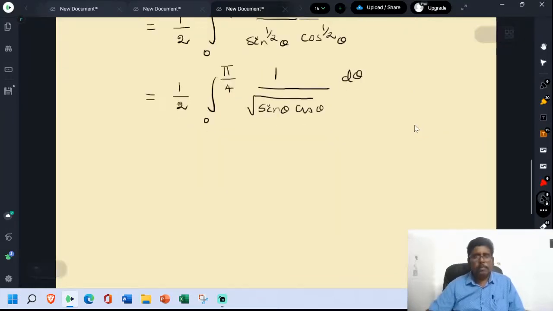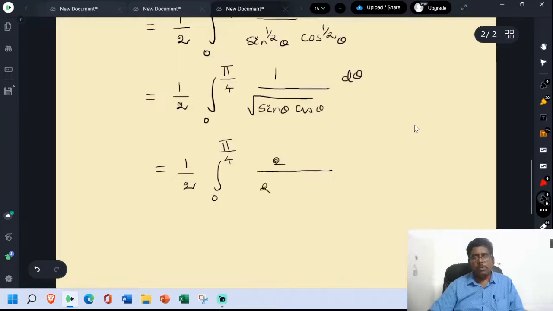Further, this is modified as 1 by 2, limit varying from 0 to pi by 4, root 2 divided by root of 2 sin theta cos theta, into d theta.